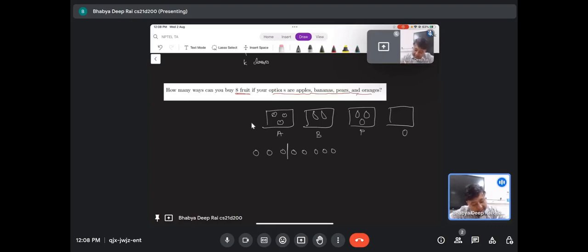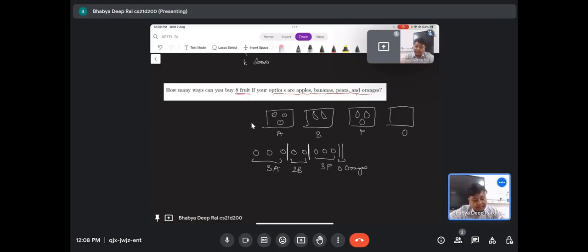This partition can be shown by these sticks: 3 apples, 2 bananas, 3 pears, and 0 oranges. So this is how I can simply represent them.